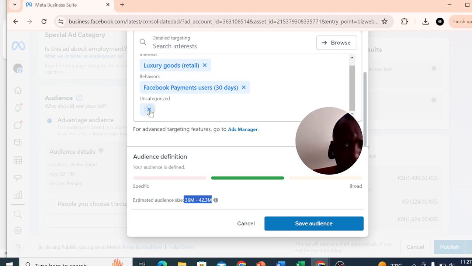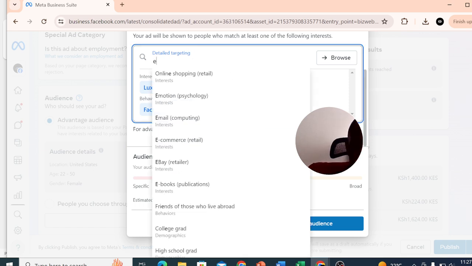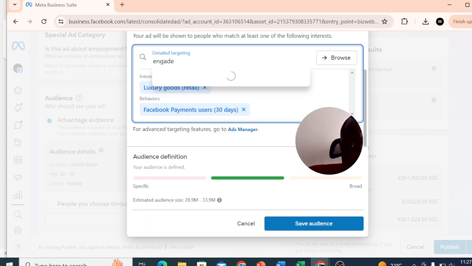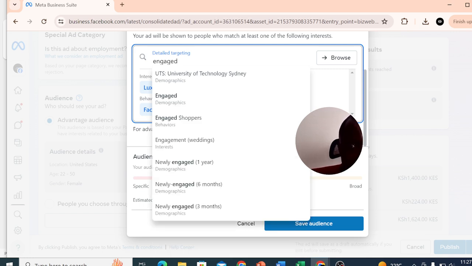Okay, so there are still other adjustments. We want to say engaged shoppers, engaged behavior. You can see we have engaged demographics, we have engaged shoppers.